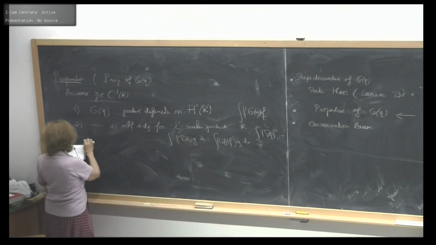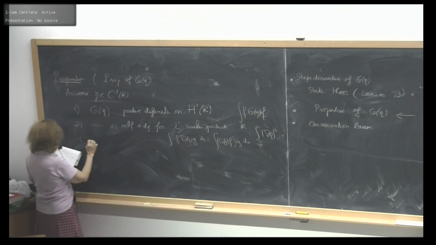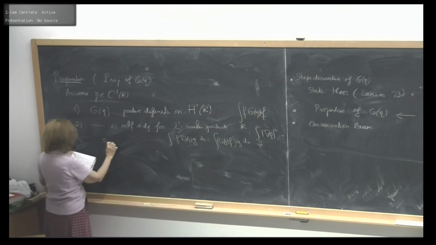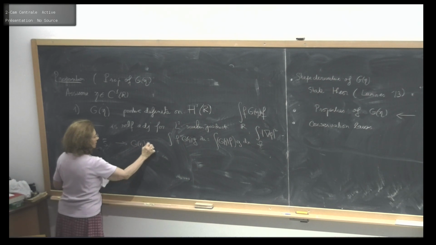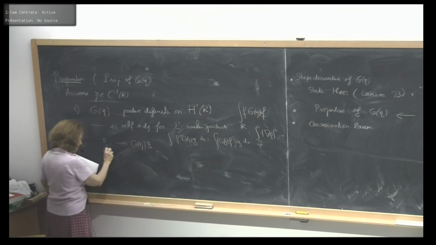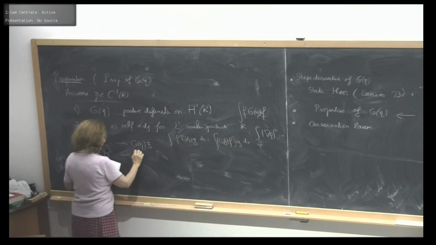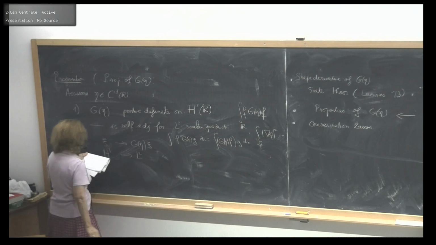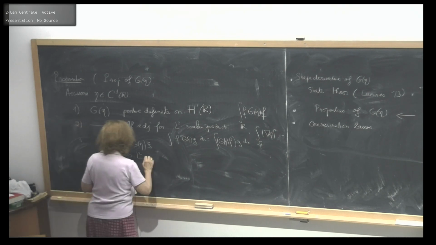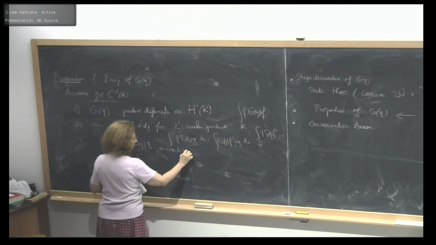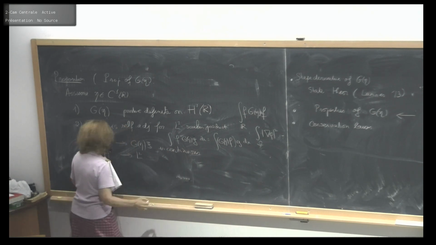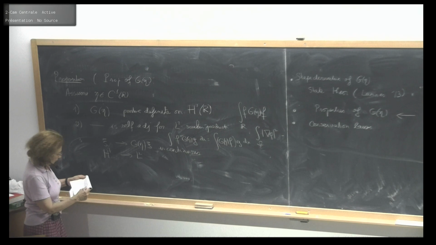The third is that if I take psi and I associate G(eta) psi, where psi is in H1, then this map is continuous from H1 to L2.